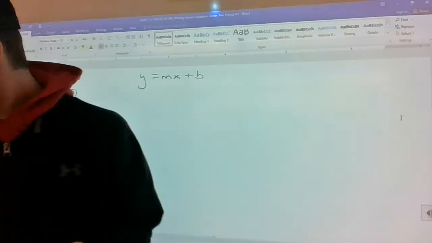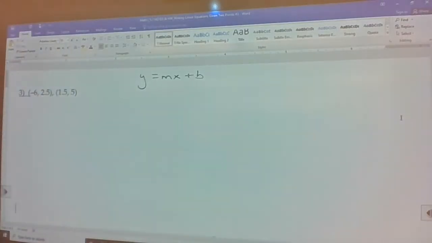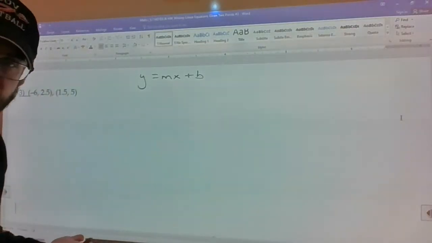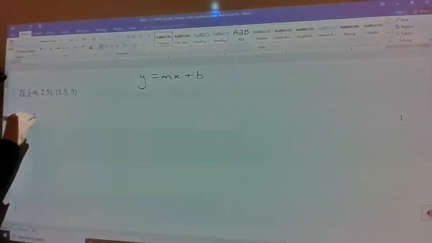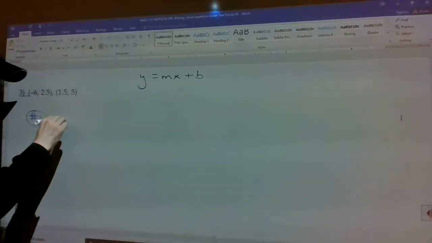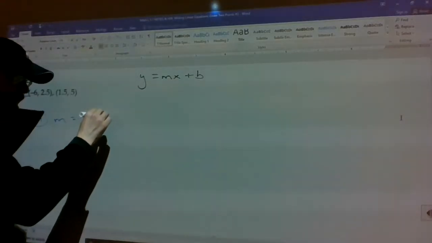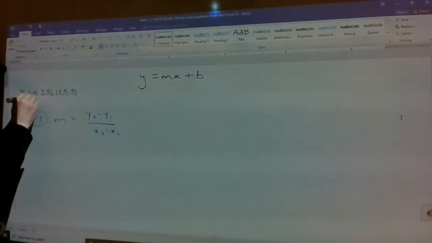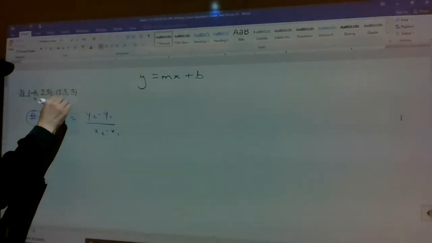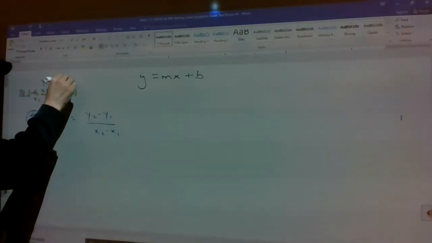Let me find a marker that's stronger. Here. So there's 3 steps, right? Step 1: find m, which we know is the formula y2 minus y1 over x2 minus x1, assuming that this is x1, x2, y1, y2.